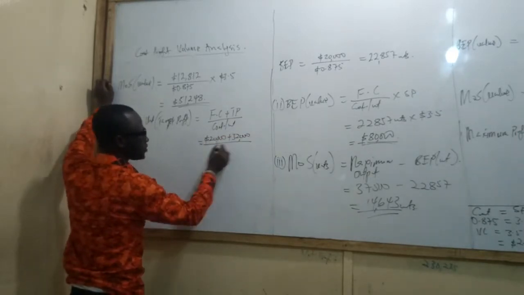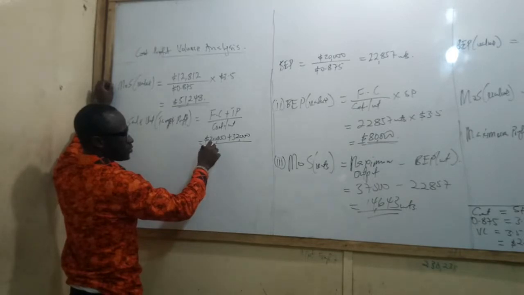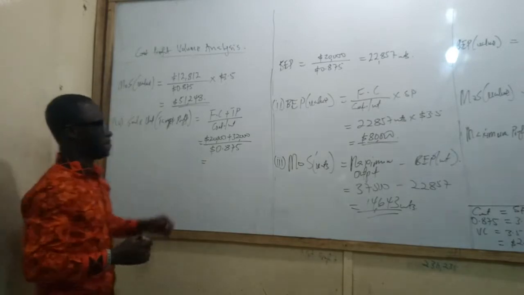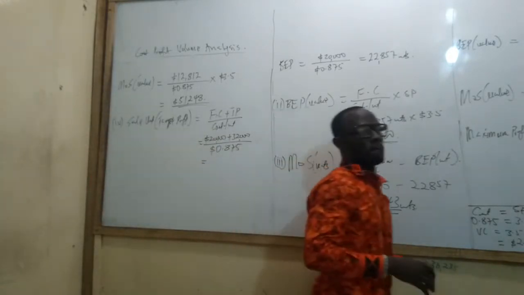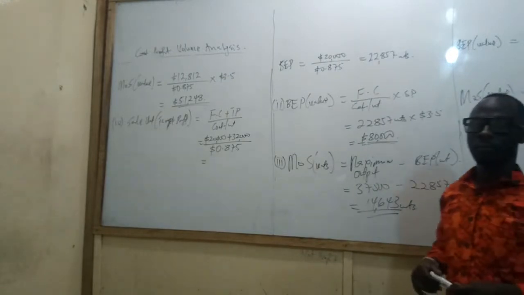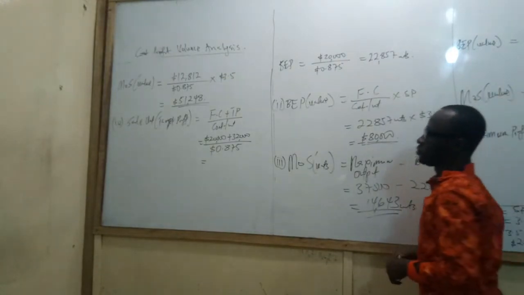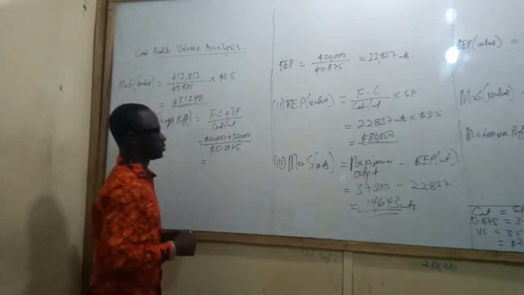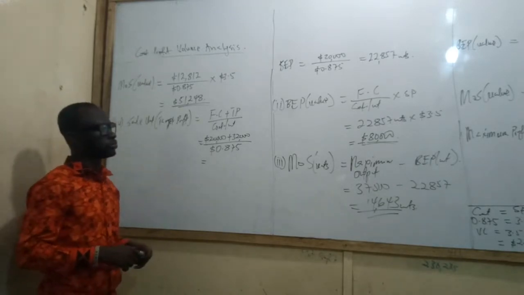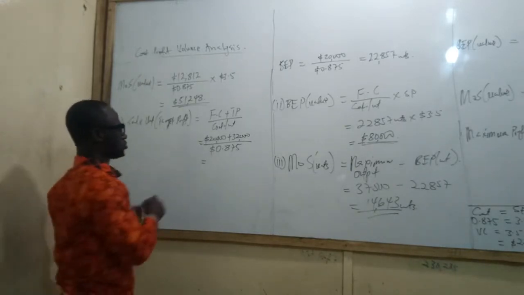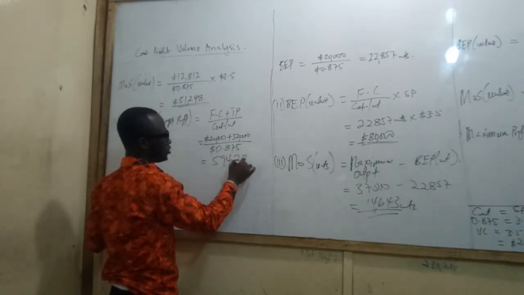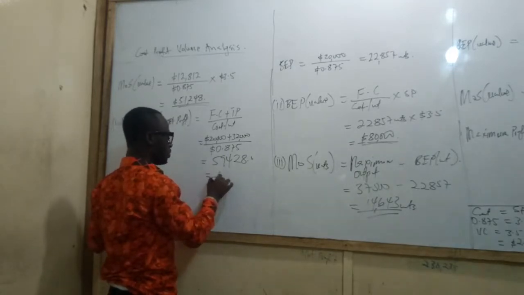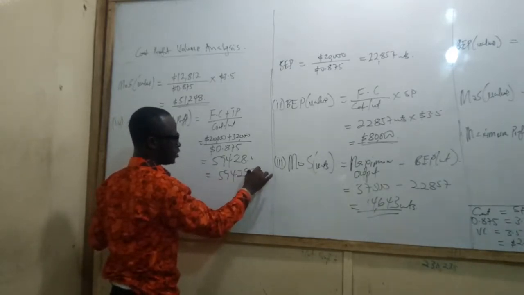Contribution per unit? 0.875. Can I have an answer? 59,428.57, so 59,429 units. Sounds good.